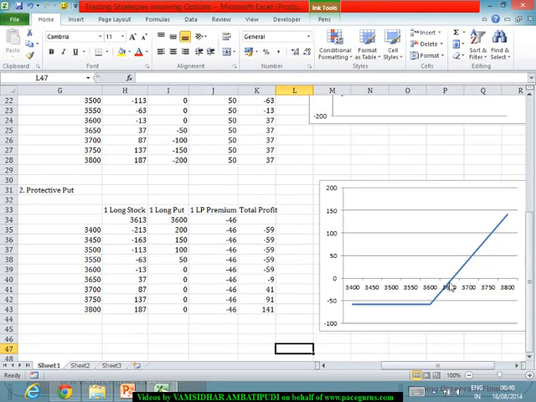As long as the stock price is lesser than 3613, I am going to get a loss of 59 bucks, and as the stock price goes above 3613, the loss reduces and the profit goes towards more and more unlimited.